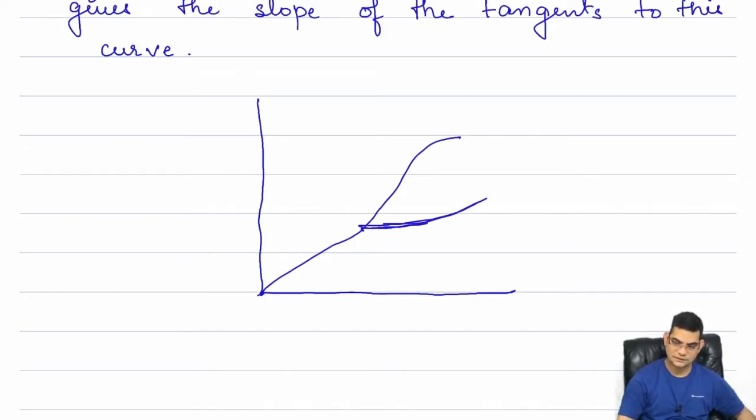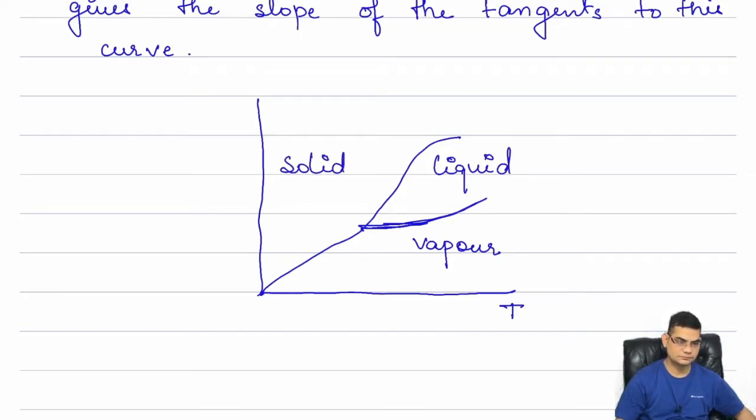These lines are the coexistence curve, where this region represents the vapor phase, this the liquid phase, and this region represents the solid. This point where solid, liquid and vapor coexist is known as the triple point.